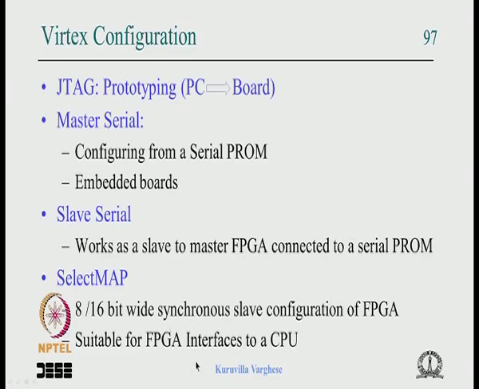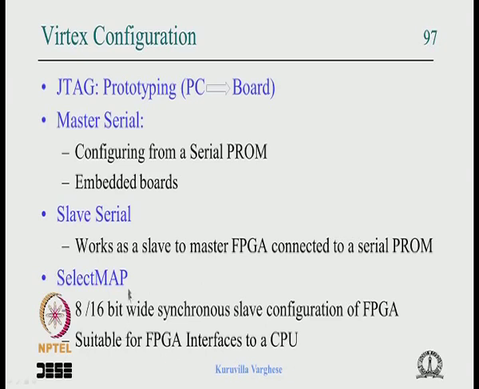The processor will have some flash memory to store its embedded software or firmware. Along with that, in the same memory you can store the configuration for the FPGA, and through an 8-bit or 16-bit wide path the CPU can program the FPGA.